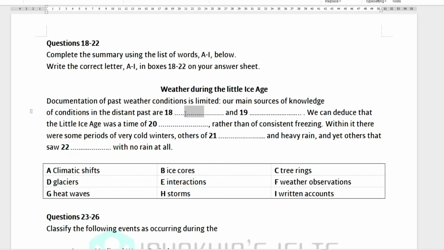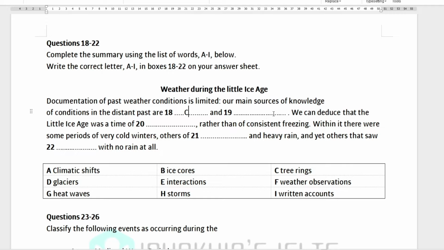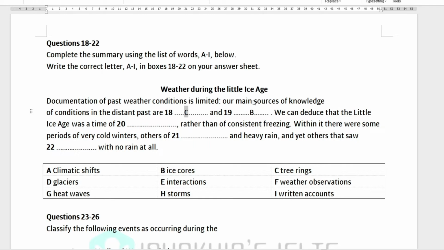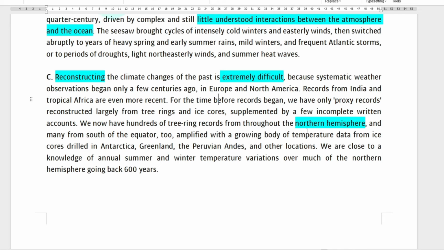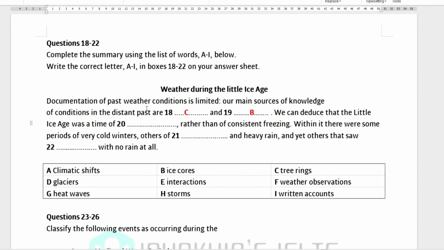I'm going to take C and put B here and put it as red. So we have once again, only proxy reconstructed from the largest. So before the time, it says documentation of past weather condition.